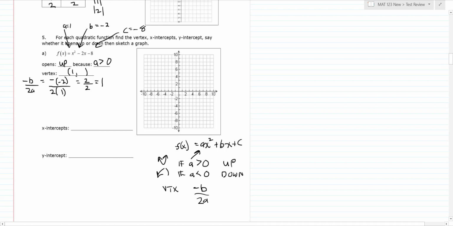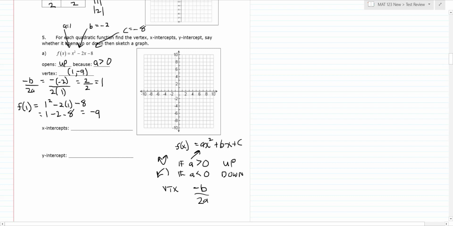Then you have to find the y value. So we evaluate this function at 1. I'm going to replace all of the x's in the function with 1. So I'd have 1 to the second minus 2 times 1 minus 8. That would be 1 minus 2 minus 8, which is 1 minus 10, which is negative 9.